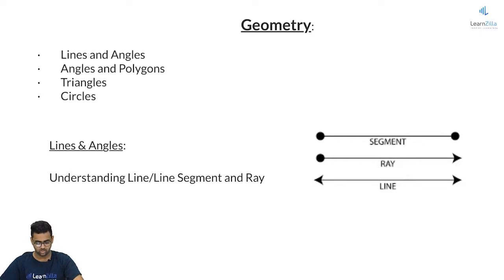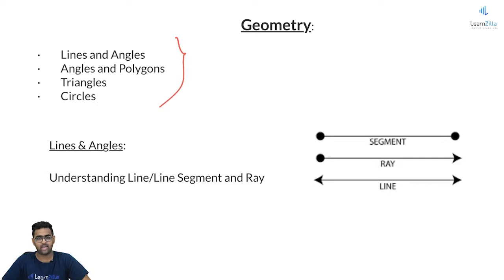As we've already discussed, the four important topics in geometry that we cover are lines and angles, polygons, triangles and circles. In lines and angles, before we start, I would just want to define what a line segment is, what a ray is, and what a line is.